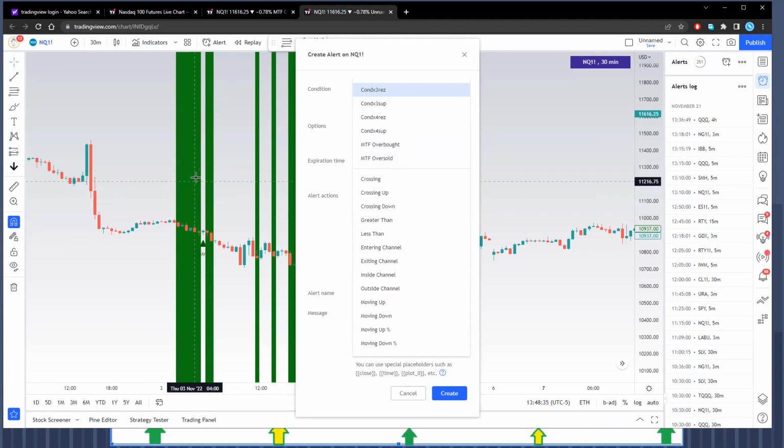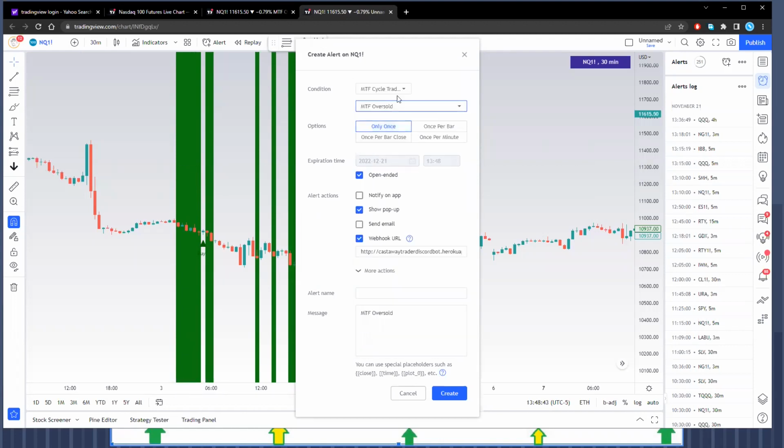So you cannot keep watching charts all the time, so you can set your own alerts. You click MTF oversold. You need to click once per bar, because if you click only once, the very first alert would erase that alert and you will never get that signal again. You will need to keep setting it every time a new one.